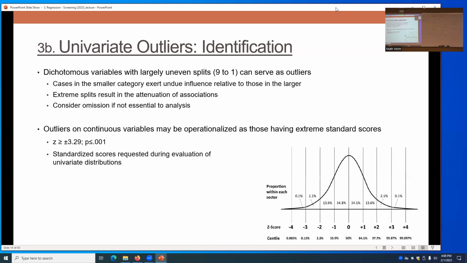But if you have cases that are starting to get far out there, say: this is the case, this is the actual raw value they're reporting on this variable, and this is the standardized score. So this is a case that's looking a little bit higher. Okay.